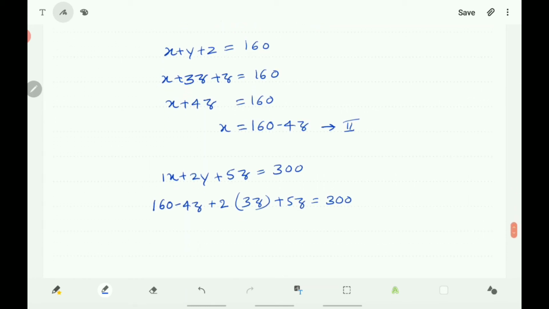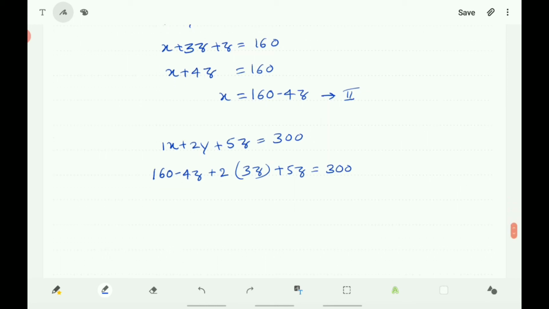Here x is expressed in terms of z, y is also expressed in terms of z. x and y are expressed in terms of z because it is a linear equation with one variable. So to get the value of the denominations, you must convert this into one variable. After getting the value of one variable, you will get the other also.